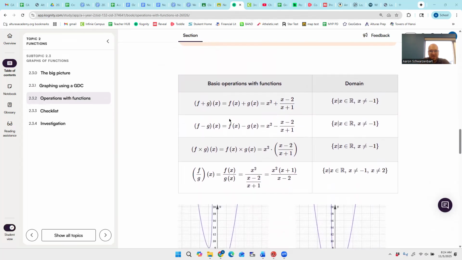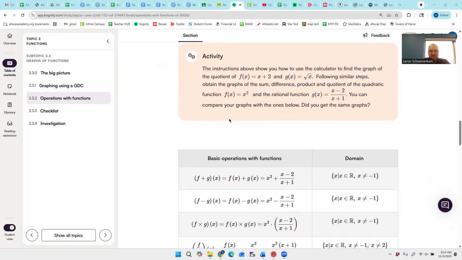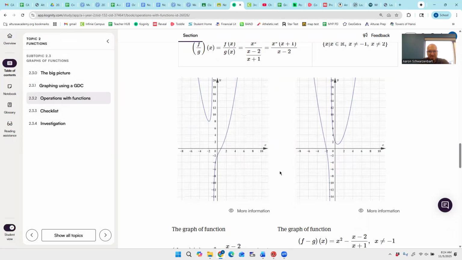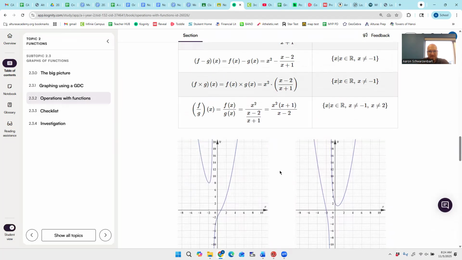So here we've got some functions. They put them together in different ways and you get different things. Isn't this one lovely? Multiply by the reciprocal, and then they simplified it to that.